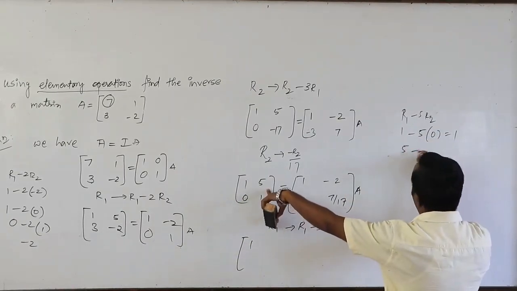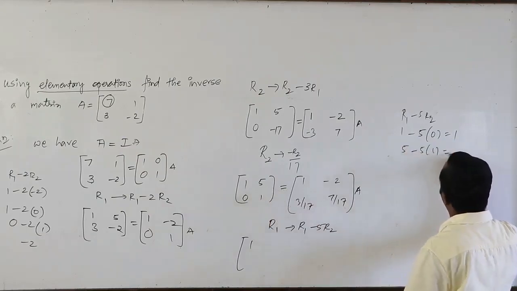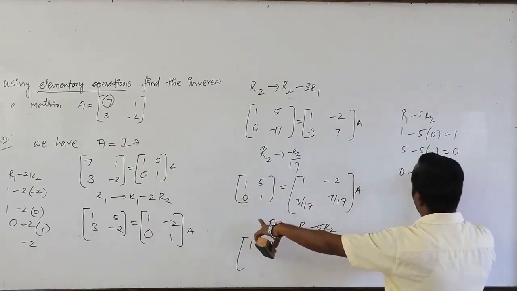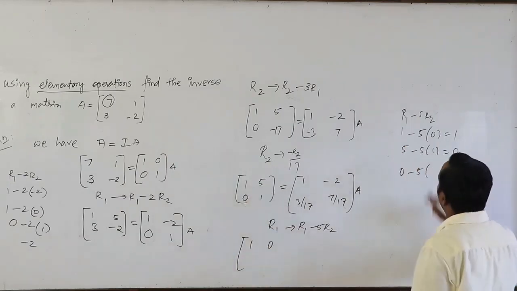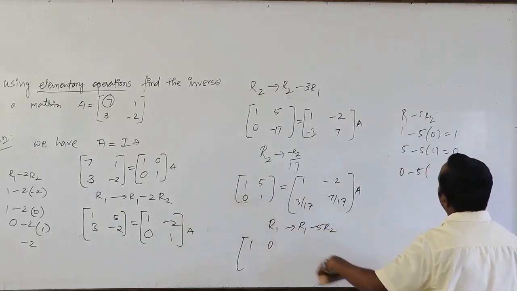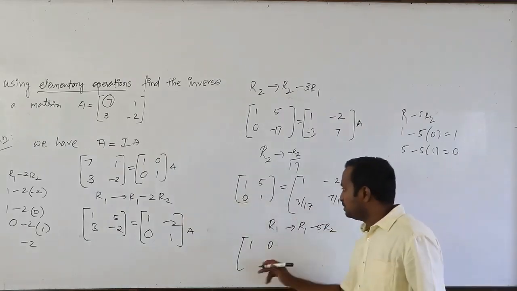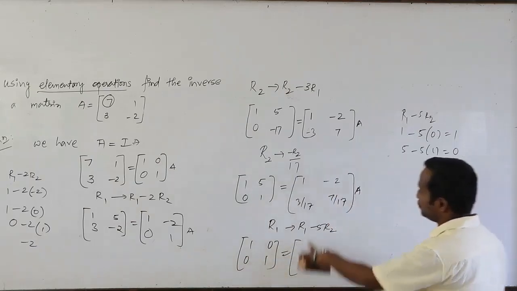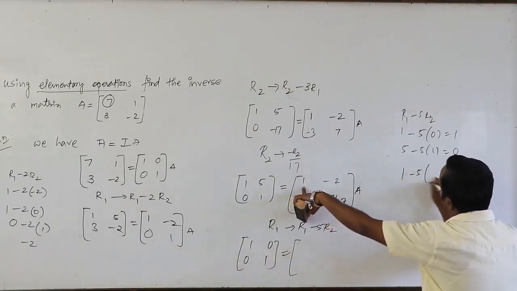R1 is 5 minus 5 into 1. It is a 0. Next R1 is 0 minus 5 R2. R2 keep as it is. And next, R1 here operation. R1 is 1 minus 5 R2.